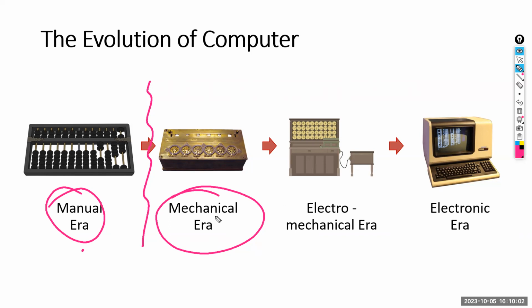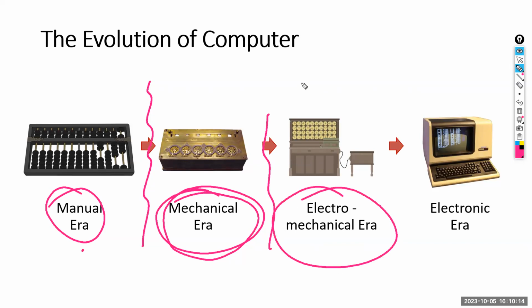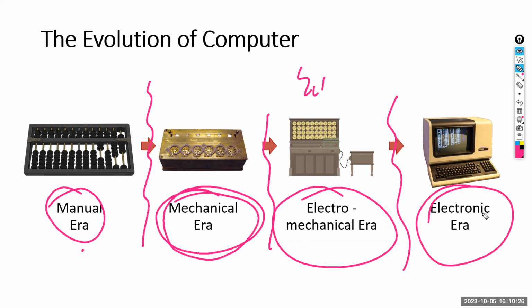So the second era is the mechanical era, where we look at some mechanical computers. Then we'll move on to the electromechanical era, where the computer is powered by electricity, but processing is still pretty much mechanical. And then we'll look at the electronic era, or the modern era of computers.